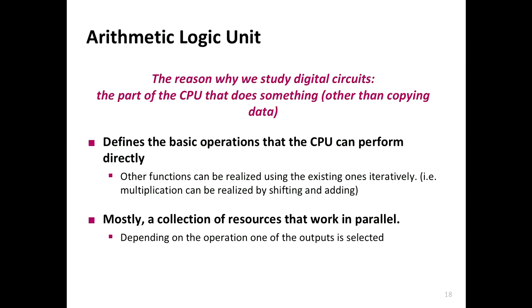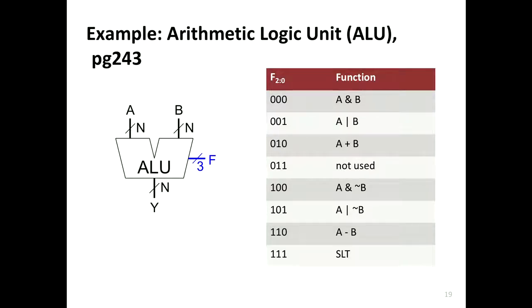You have shift operations, you have logic operations, and more of these. So basically it takes two inputs, typically, and you have one output, and you have an F, which is basically the function that tells the ALU what to operate.